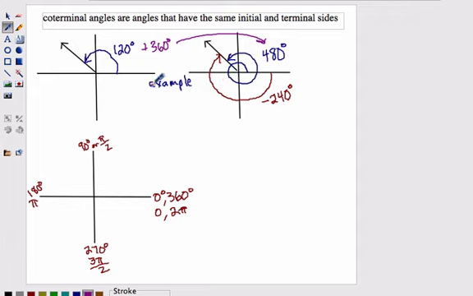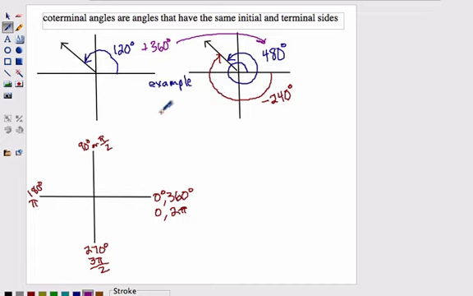Now let's look at this 120 degree angle. What is the negative angle that starts at the positive x-axis and ends at that same terminal side, so that they'll be coterminal angles?